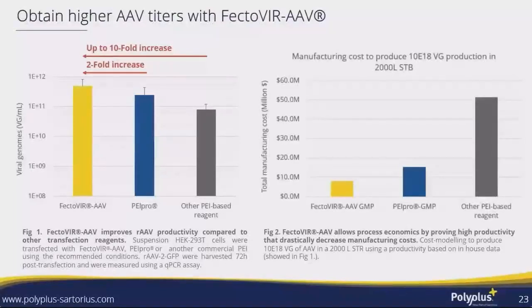By having a 10-fold increase in titer, you only need to run one bioreactor. So in terms of decrease of cost, that's tremendous. That has a direct impact on manufacturing cost afterward.